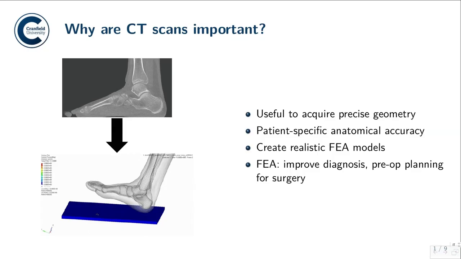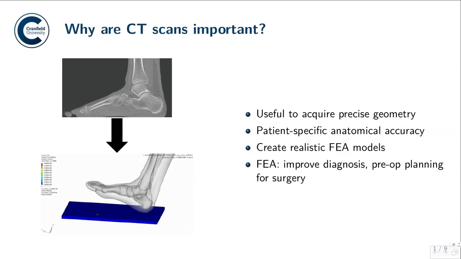It also allows us to see patient-specific geometry with anatomical accuracy. And nowadays, we're also able to do simulations with FEA models created from CT scans that are improving diagnosis and pre-op planning and stuff like that.